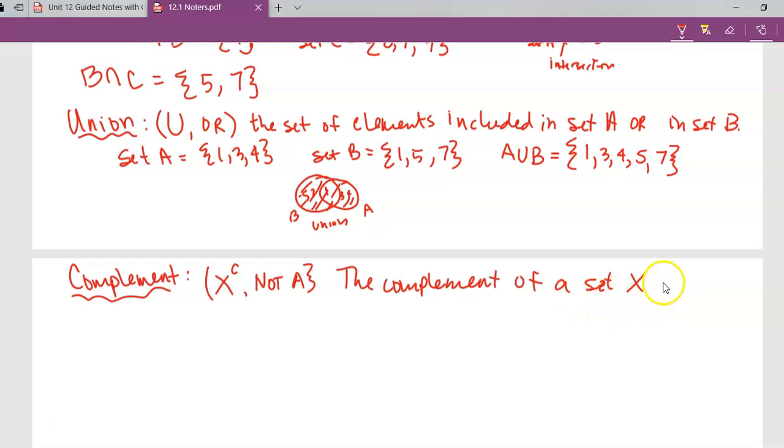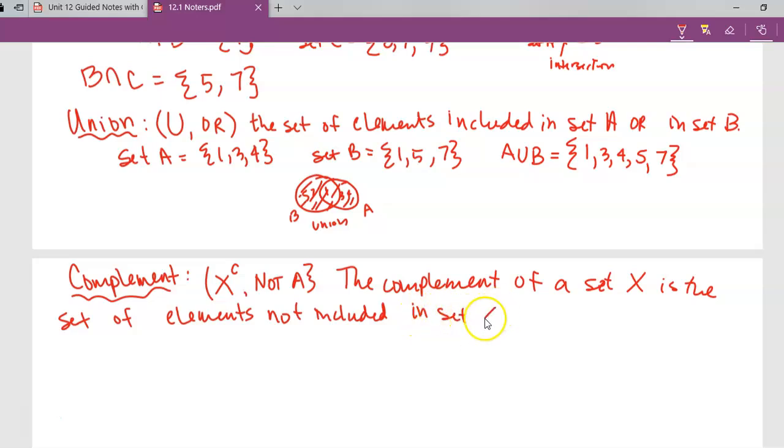The complement of set X is the set of elements, let's see, sorry, I lost my spot. The set of elements not included in X but still included in the sample space.